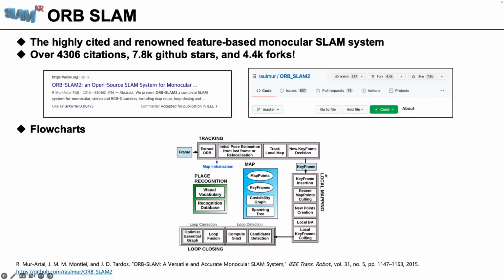As a consequence of the tracking part, a new keyframe is generated. Then in the local mapping part, new keyframe insertion and old keyframe culling or deletion are conducted. Similarly, new map points are created and old map points are deleted. In the middle of local mapping, local bundle adjustment is conducted. Last but not least is the loop closing part.